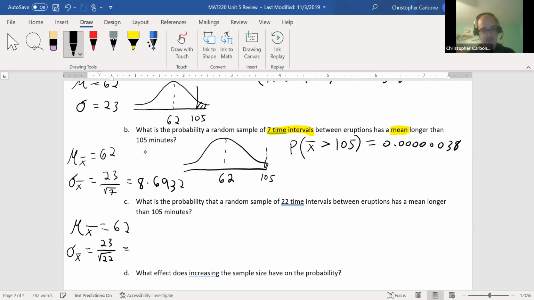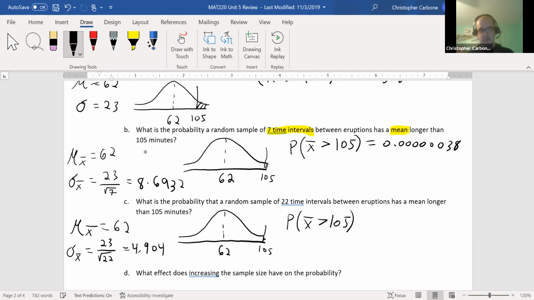That one is about 4.904. So if we thought this one was small, well, this one will be even smaller. 62 is here, 105 is practically on the edge of this tail. We want the area above it, whatever that means. So the probability x bar is greater than 105.